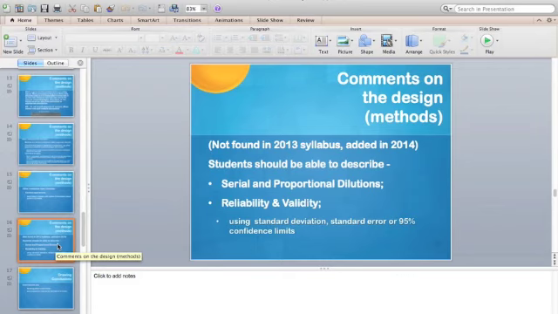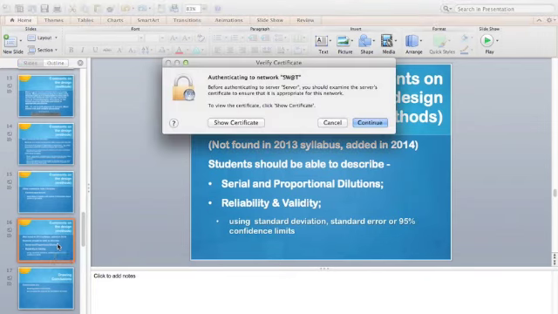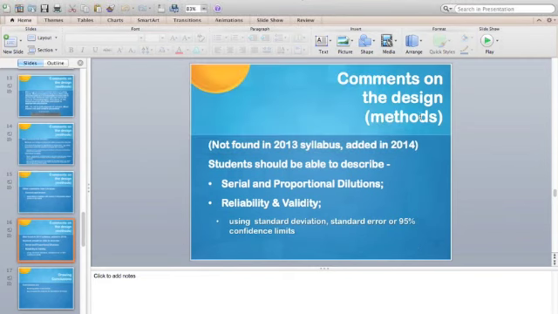Some of the things that I find in the 2014 syllabus but not in the 2013 syllabus is that students should be able to describe serial and proportional dilutions. So maybe we can emphasize that to them, things that they have learned already in AS.